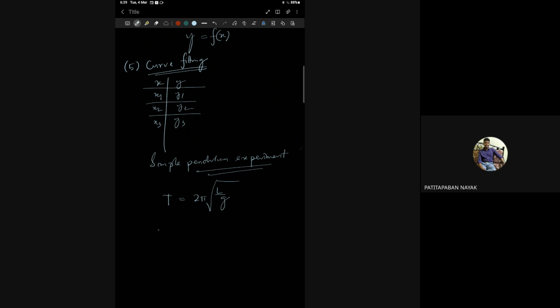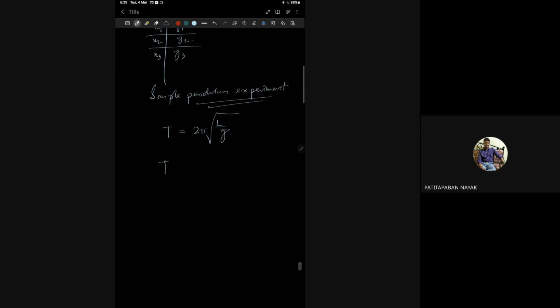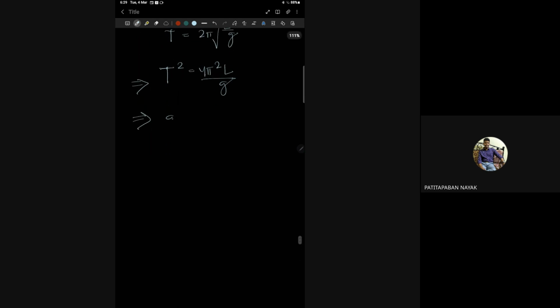If I square both sides, it will be T square is equal to 4 pi square L by G, or G is equal to 4 pi square L by T square.